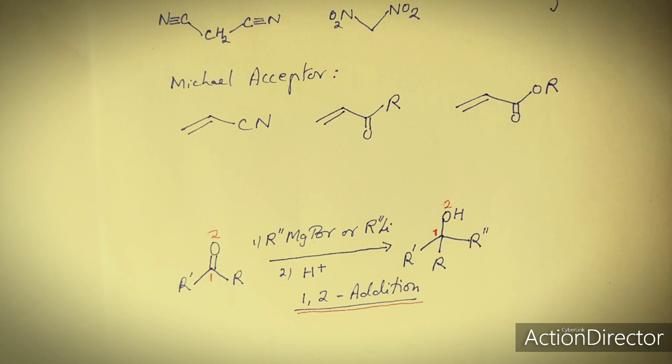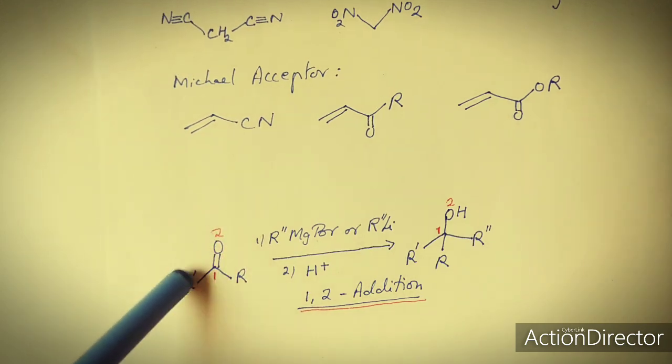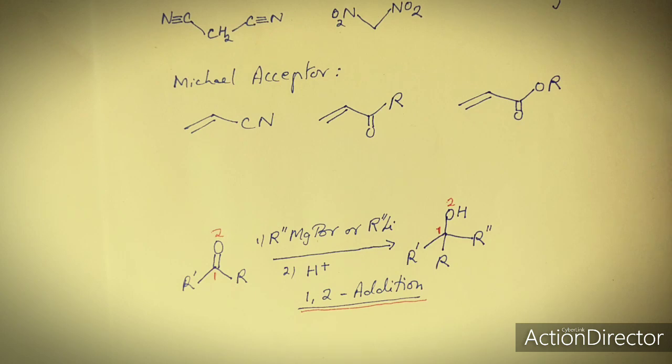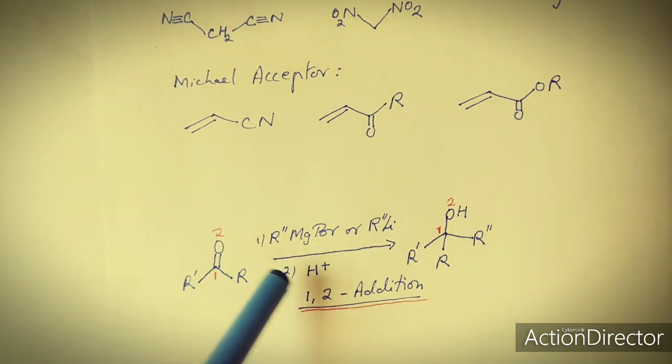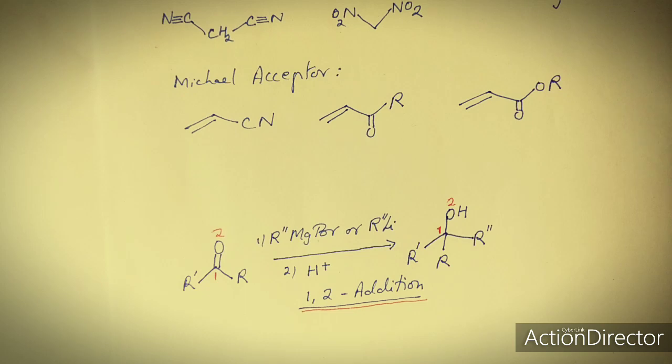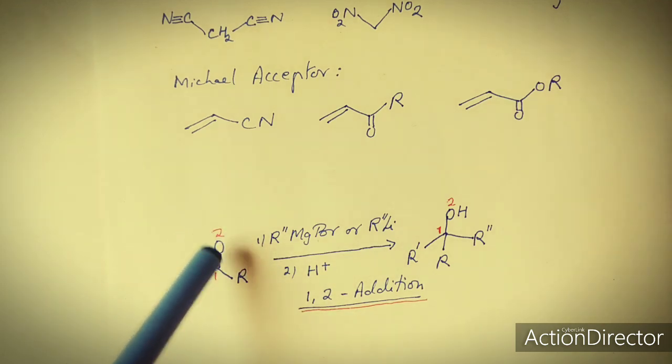When a carbonyl compound reacts, carbon positive, by nucleophilic addition, this is 1,2, because we are discussing carbonyl even with the Michael acceptors. So see here, this is 1,2. 1,2 means that this carbon will be accepting the electrons, because it will be positively charged by virtue of this shift of electrons.